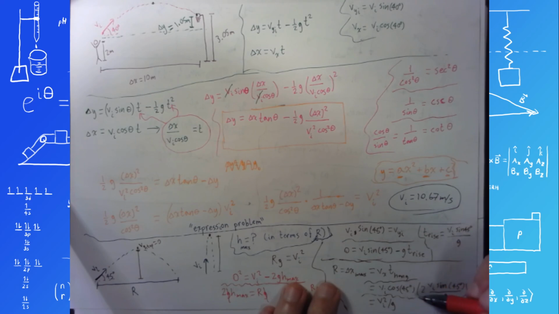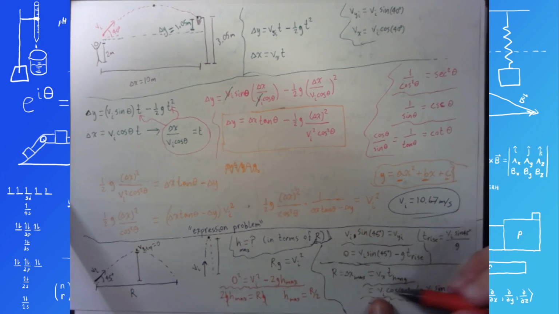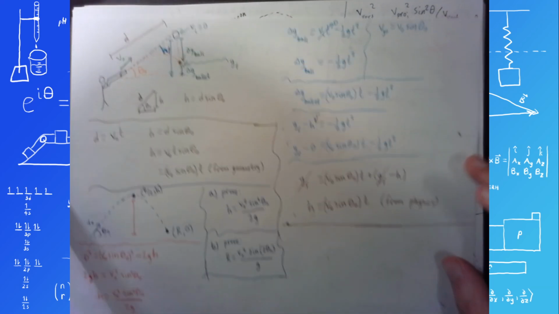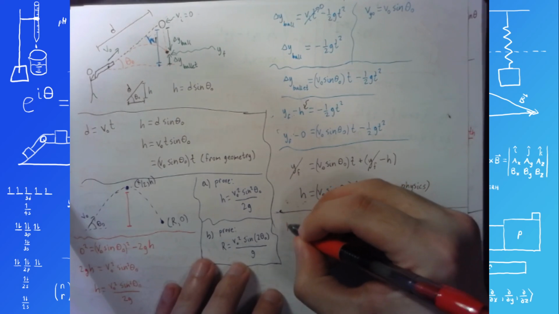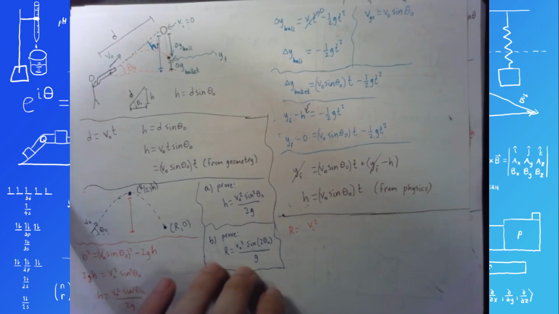This time that's not going to happen because, well, it's not 45 degrees. That was just a special case. So v initial times v initial would be v initial squared. So I'm going to do r equals, we're going to have v initial times v initial as v initial squared.